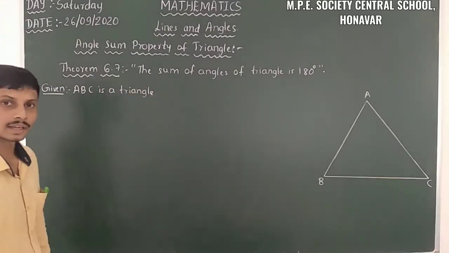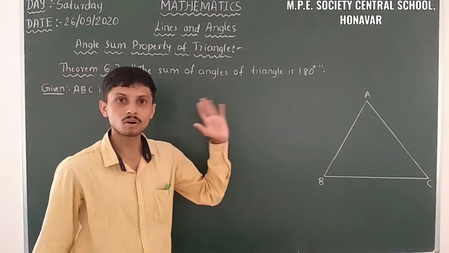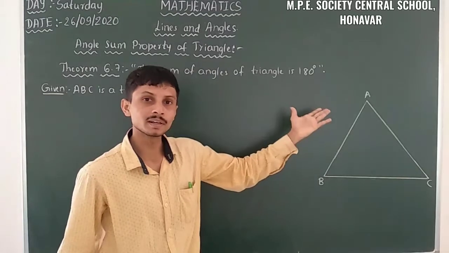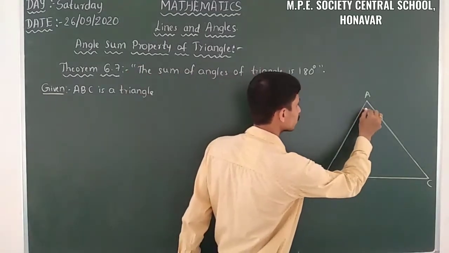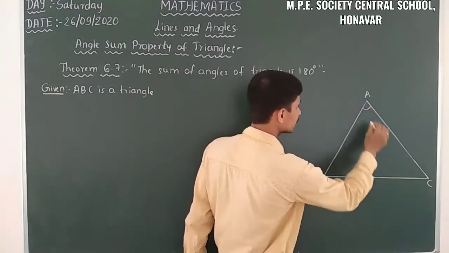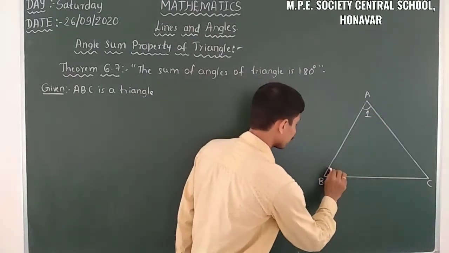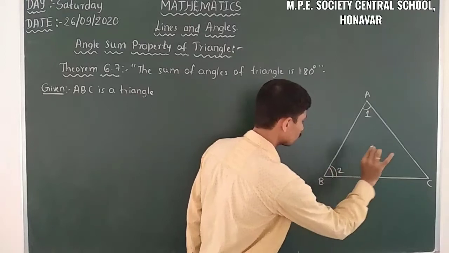Firstly we have to name all the things. Here we want all the angles of a triangle, so firstly we have to take all the angles. Angle BAC is equal to angle 1. I will name this one angle 1, and I will take this angle as 2.